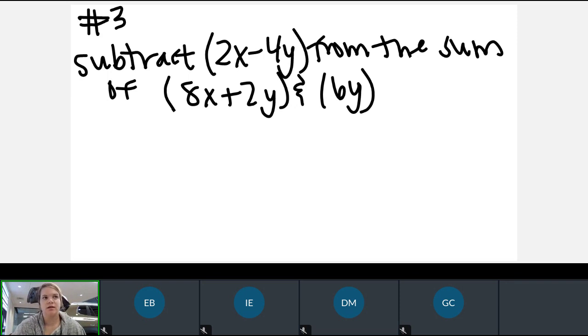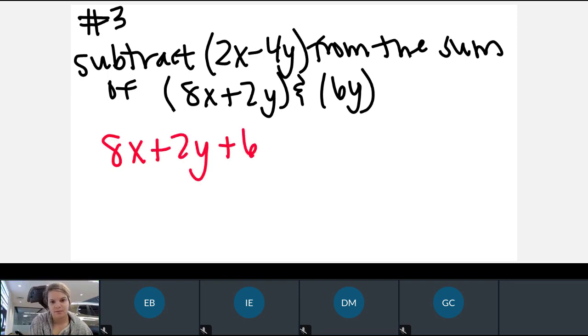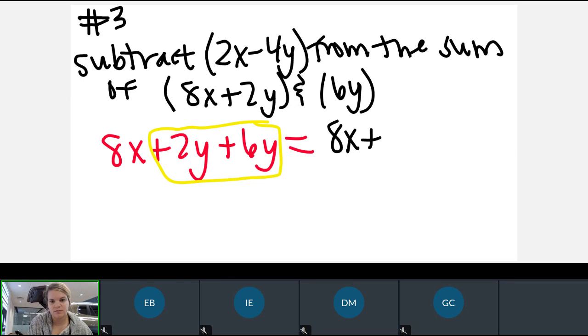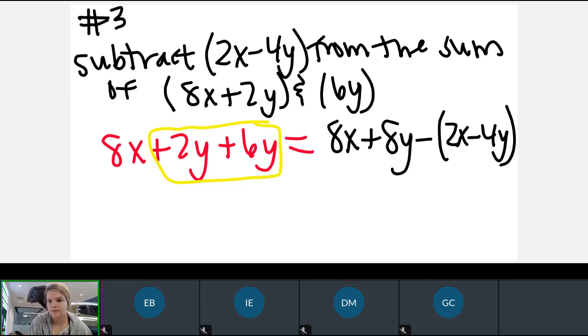So we're going to subtract this from adding this. So the first thing we're going to do is add these two. So we're going to add 8x plus 2y plus 6y. Okay. The only thing we can combine here is 2y plus 6y. So we get 8x plus 8y. Now we're going to subtract 2x minus 4y.